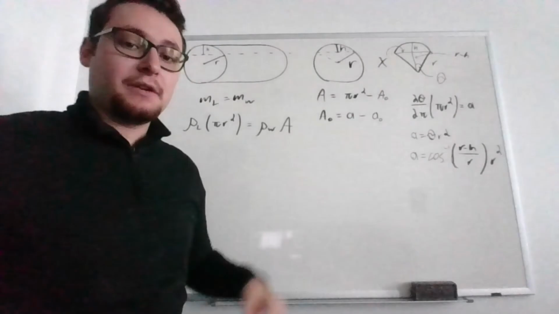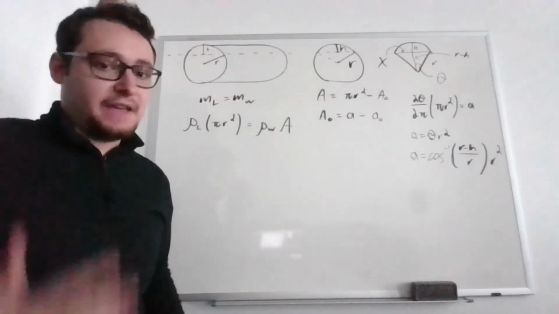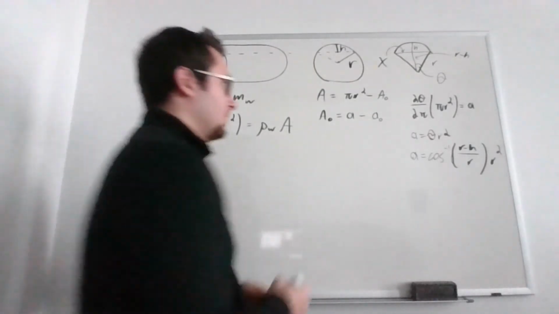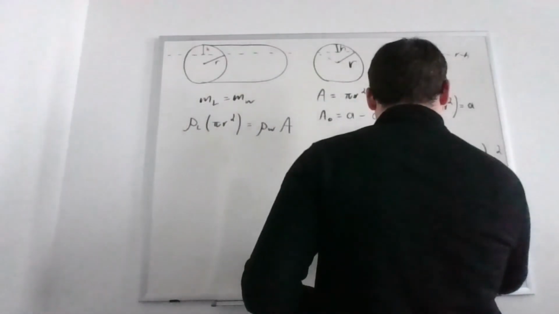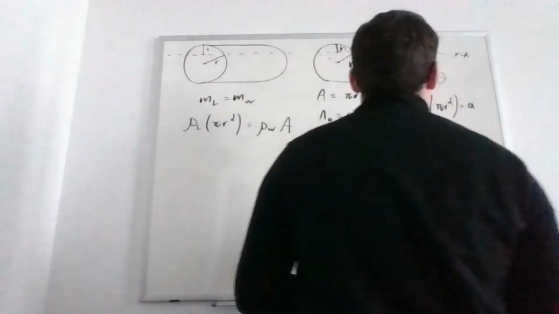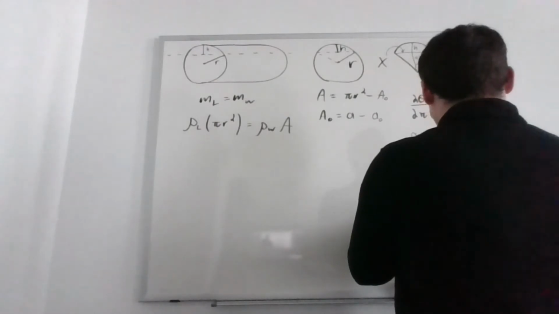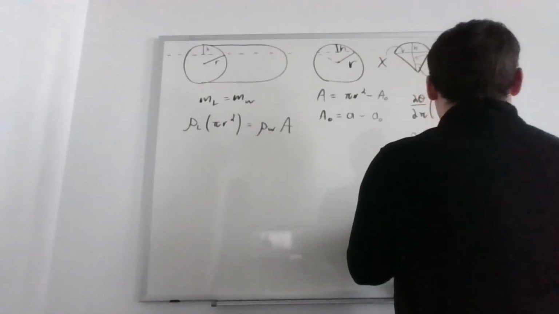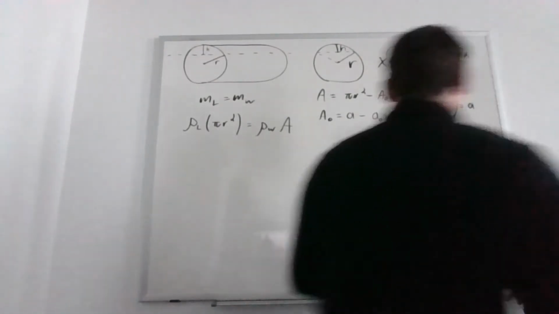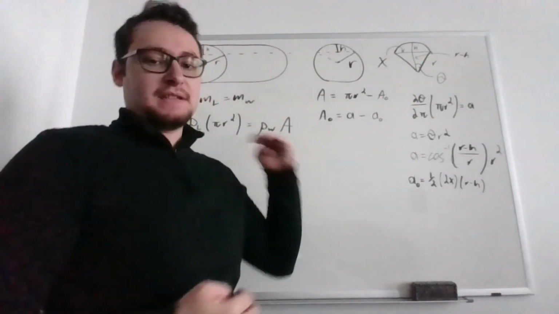And like I said earlier, it's this triangular segment, which is actually, again, really easy. So as a triangle, 1/2 base times height. The base is kind of inverted here.